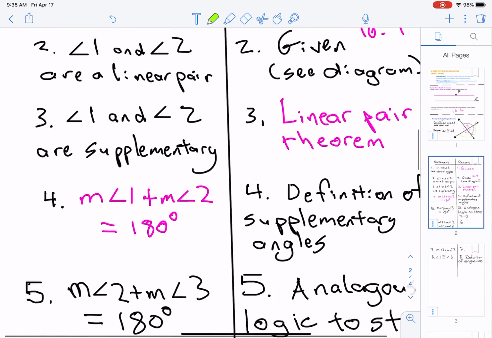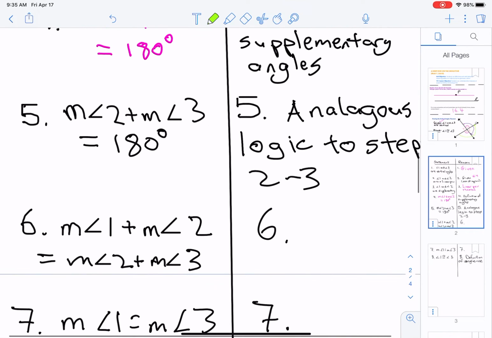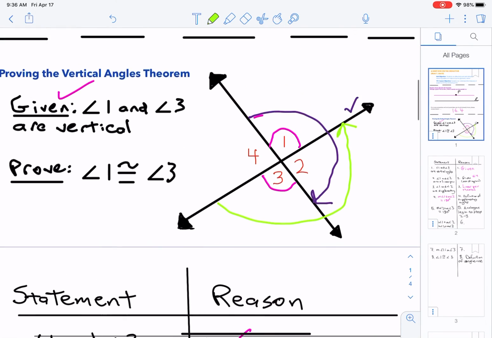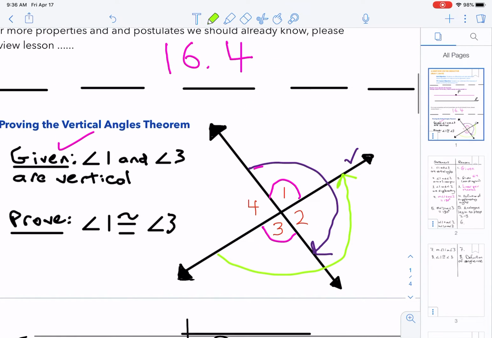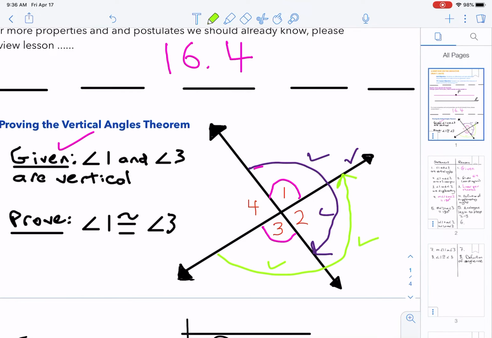So let's go down here. The next step is we're going to say that the measure of angle 1 plus the measure of angle 2 equals the measure of angle 2 plus the measure of angle 3. Looking at the picture, they both add up to a straight line. 1 and 2 add up to a straight line, and 2 and 3 add up to a line.